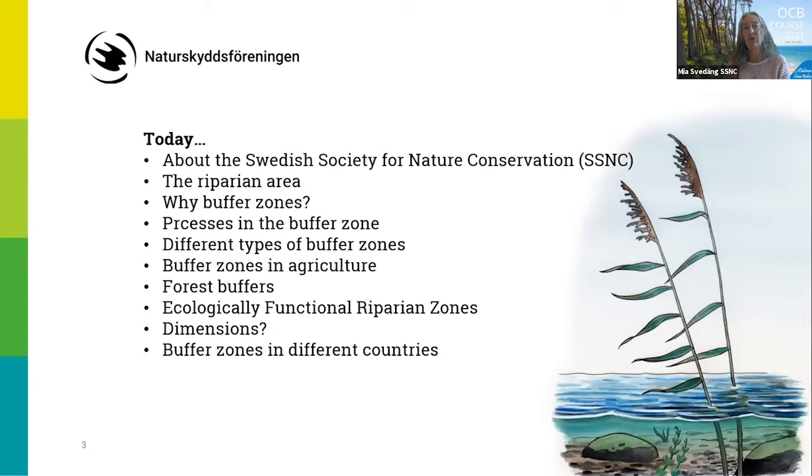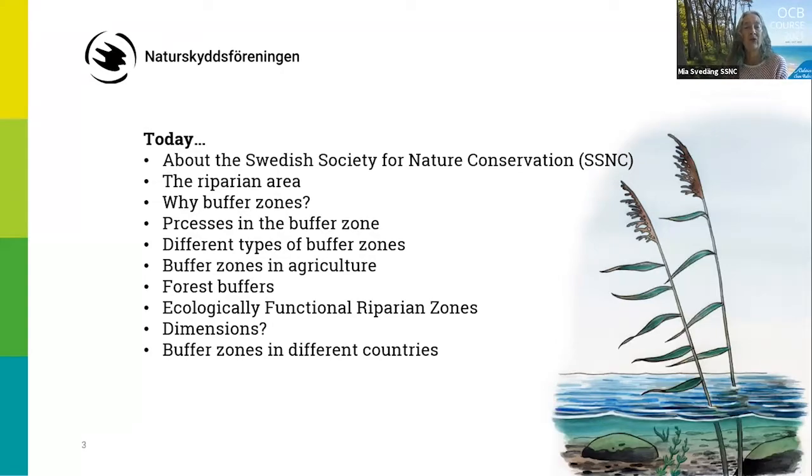I will say a few words about the Swedish Society for Nature Conservation first, and then I will talk about the riparian areas and why we need buffer zones. I will talk a bit about the processes in the buffer zone and different types of buffer zones, among others, those in agriculture and those in the forests.